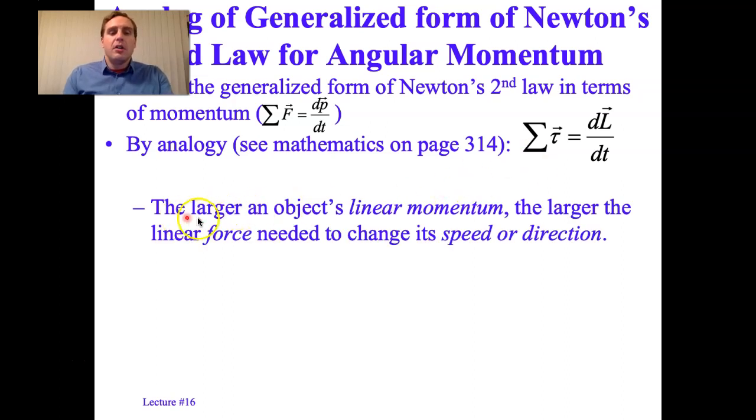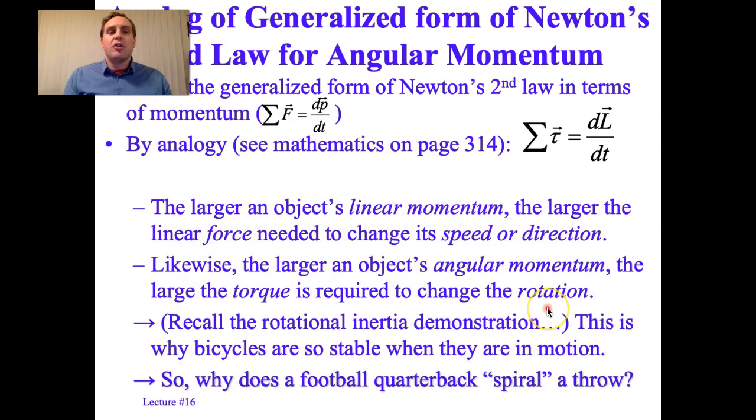So note, the larger an object's linear momentum, the larger the linear force. Rotational inertia is large when you have an object that has a large mass at a radius. Imagine a bicycle tire. Why is a bicycle tire so stiff? That is, why does it have so much rotational inertia? Well, it mimics a hoop. Remember, a hoop has all of its mass on the outside.